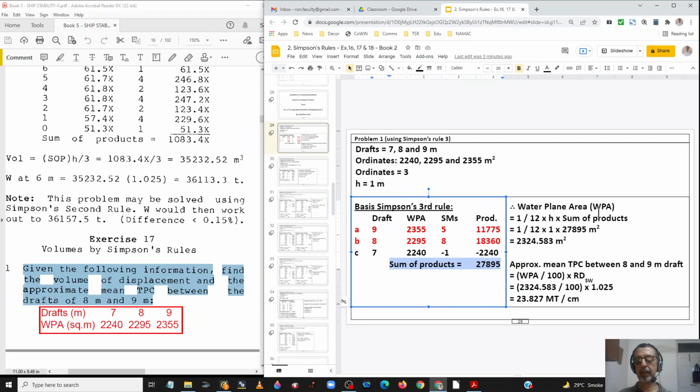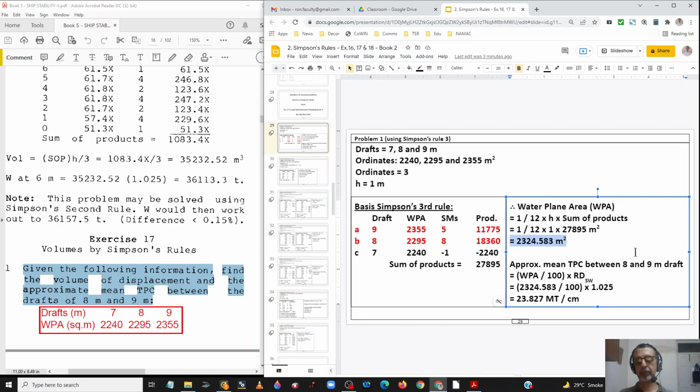Therefore, water plane area, as per Simpson's third rule, works out to 1 upon 12 into h into the sum of the products. And when we substitute all the values, we get the water plane area equal to 2324.583 square meters.